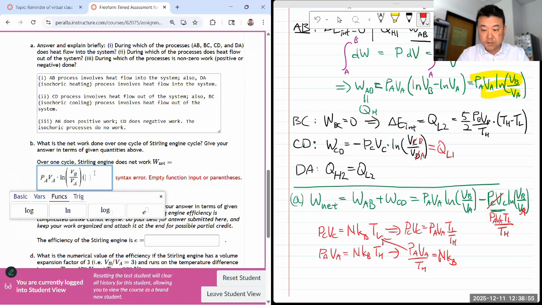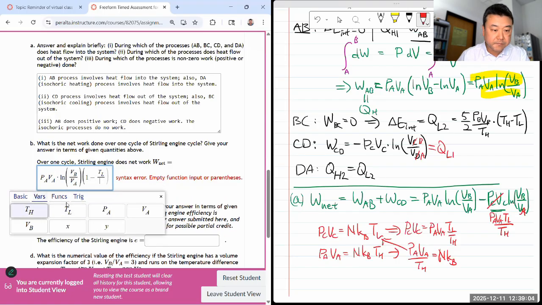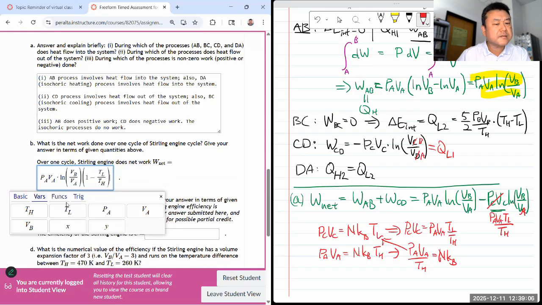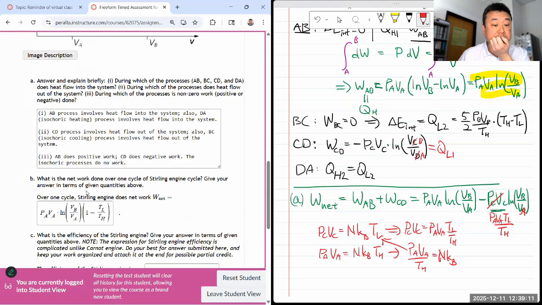So the first term just becomes 1 minus, and factoring out all those gives me TL over TH in the second term, which I think makes sense. So that's the net work done.